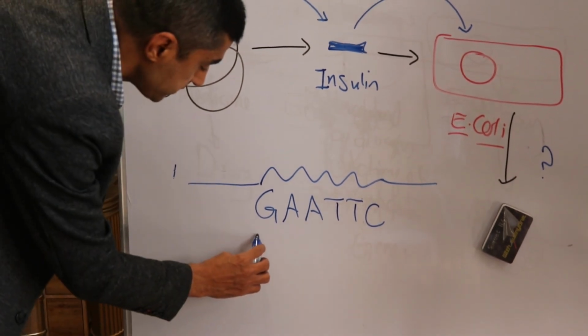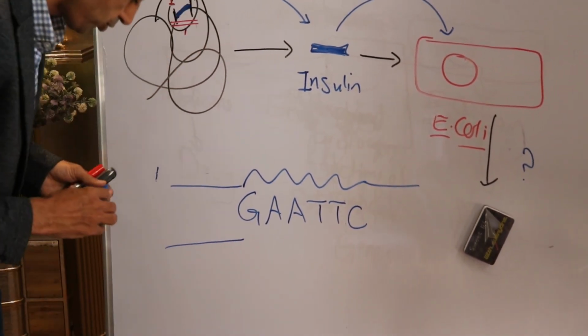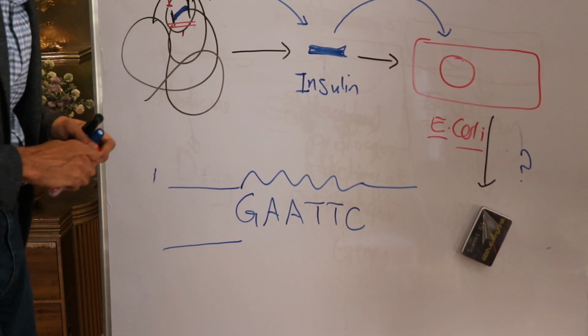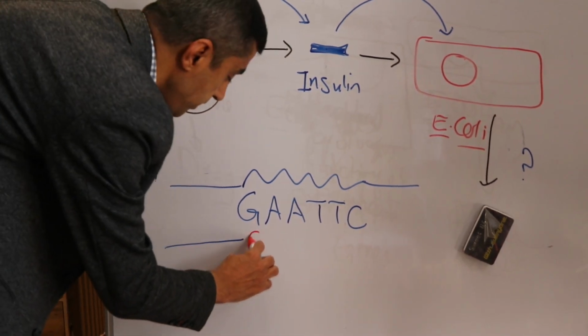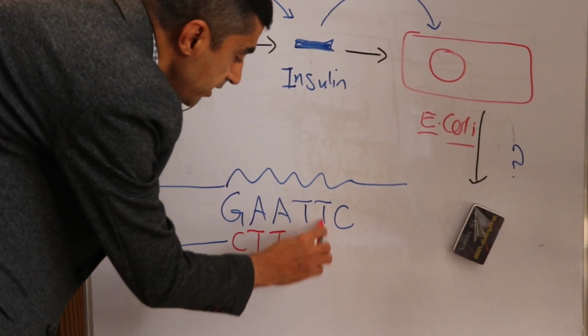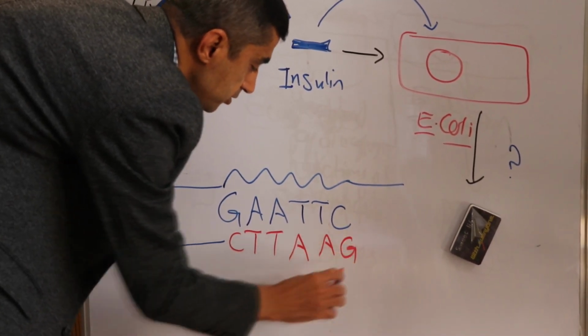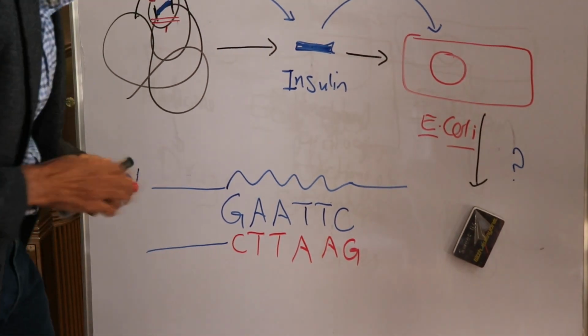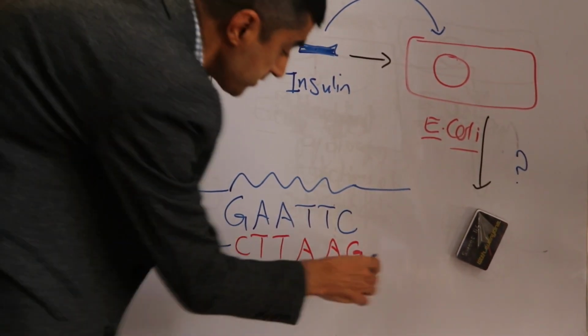The complementary sequence should be palindromic: C, T, T, A, A, G. This is the palindromic sequence.